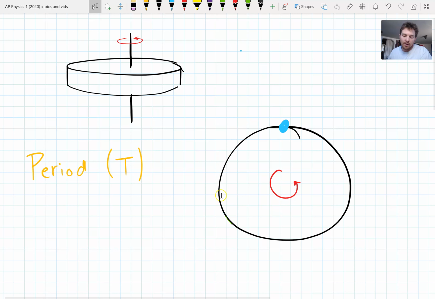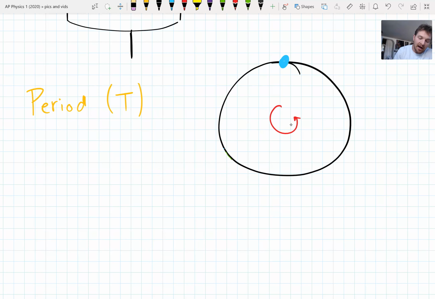However long that entire circle took is the quantity we give the period. So that's one way you can find period: if you have a physical thing, it's just how long it takes for one revolution. We call that the time for one single cycle, with a cycle being our general term for a revolution.